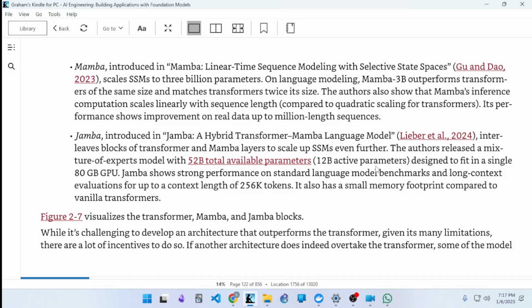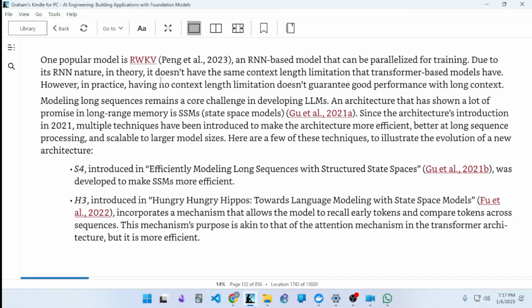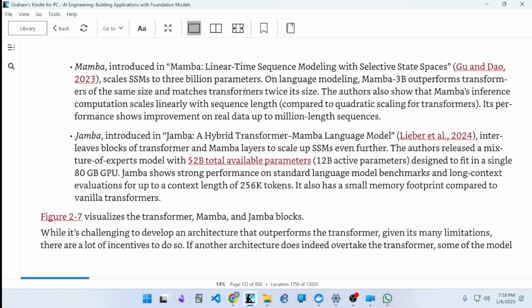Mamba, introduced in "Mamba: Linear-Time Sequence Modeling with Selective State Spaces," scales SSMs, which are state space models, to 3 billion parameters.